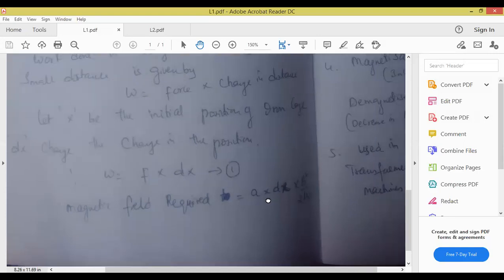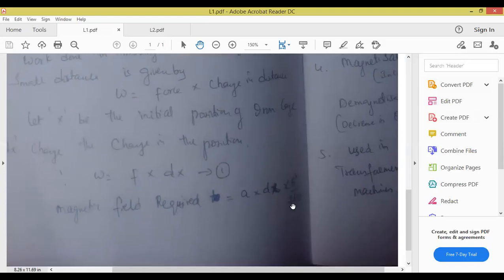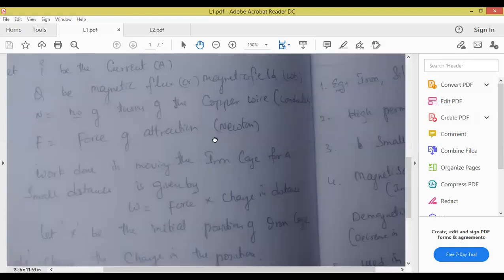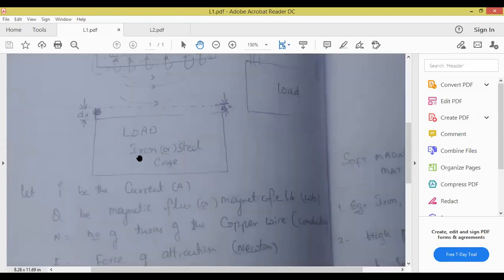Okay, and next this particular value, B square by 2 mu naught. Why we are getting B square by 2 into mu naught, we'll discuss. Now you see, all of you, what is magnetic field density? Anyone? Magnetic field density is represented by B, and B is the space occupied by magnetic energy. Yes or no, all of you?